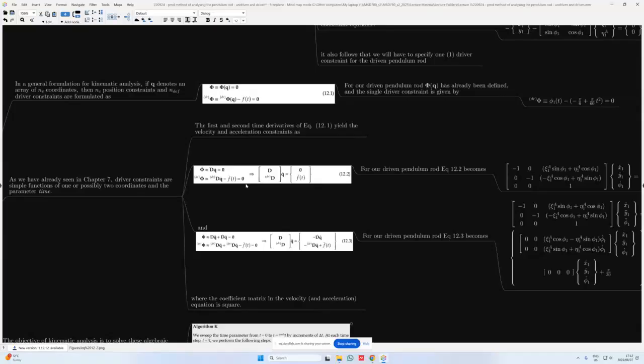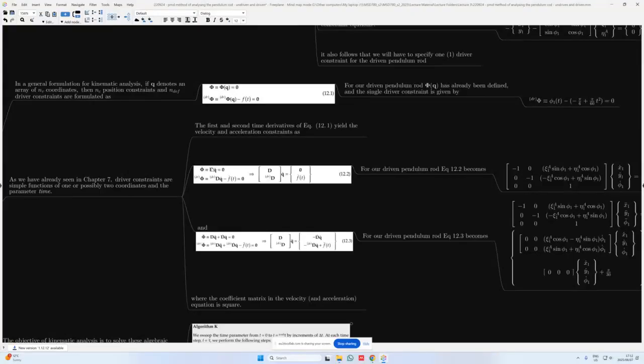But now we also have to add this second part in, which pertains specifically to the driver function. If we derive this, it becomes D Q dot, but now the Jacobian matrix is indicated with a superscript dr. So there's a driver Jacobian matrix and there's a constraint Jacobian matrix that we consider.